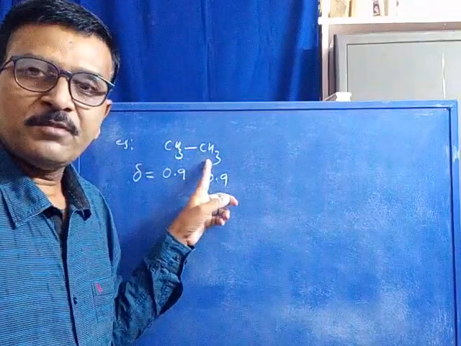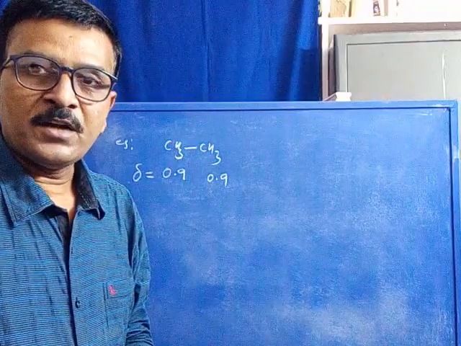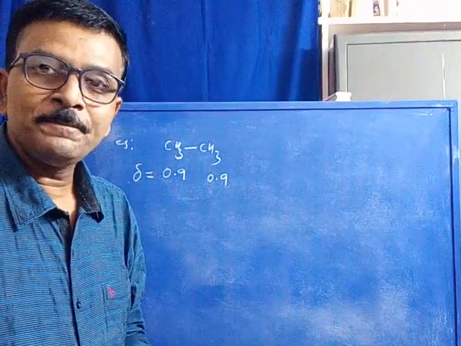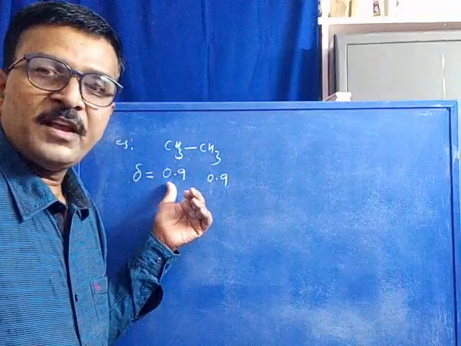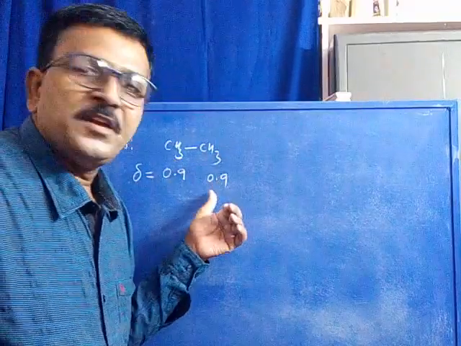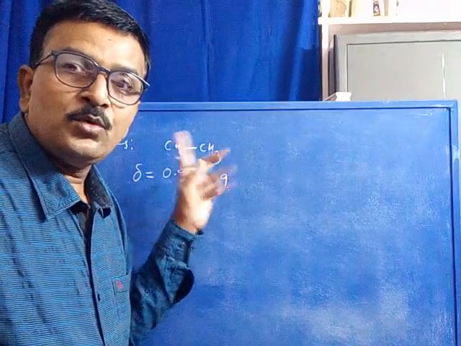Now there are 2 sets of protons, CH3 and CH3, but the first CH3 group has absorption frequency 0.9 and the second also 0.9. These 2 CH3 groups are adjacent, but the frequencies are the same.